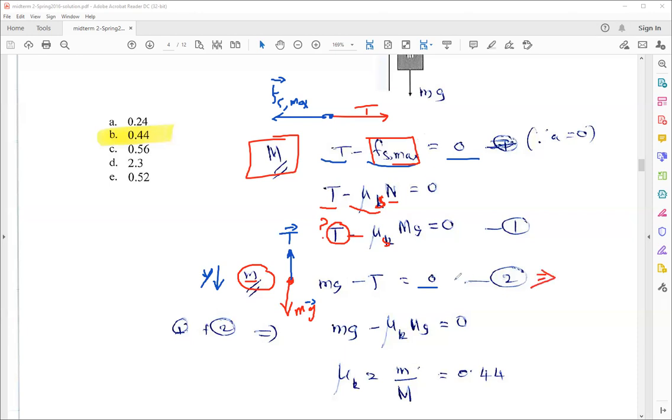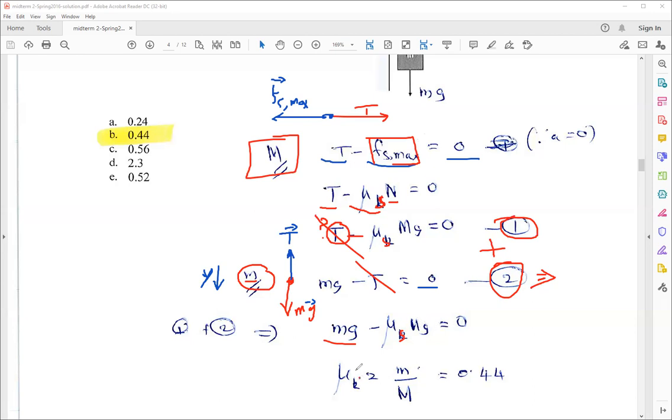There are two different ways. You can either combine the two equations, equation 1 and equation 2, or you can substitute. Whichever way, it is going to be the same. When you add equation 1 plus equation 2, you cancel the tension, so you end up with mg, the hanging mass, minus the coefficient of static friction times capital Mg, equal to 0.